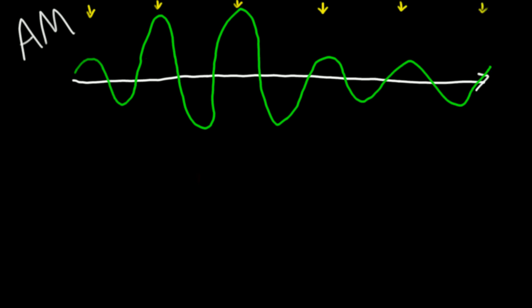So the frequency doesn't change over time, but the amplitude does. And specifically, what we see is this envelope, or the bounding function around the sinusoid, is something that changes over time. And this envelope is what actually carries the information.